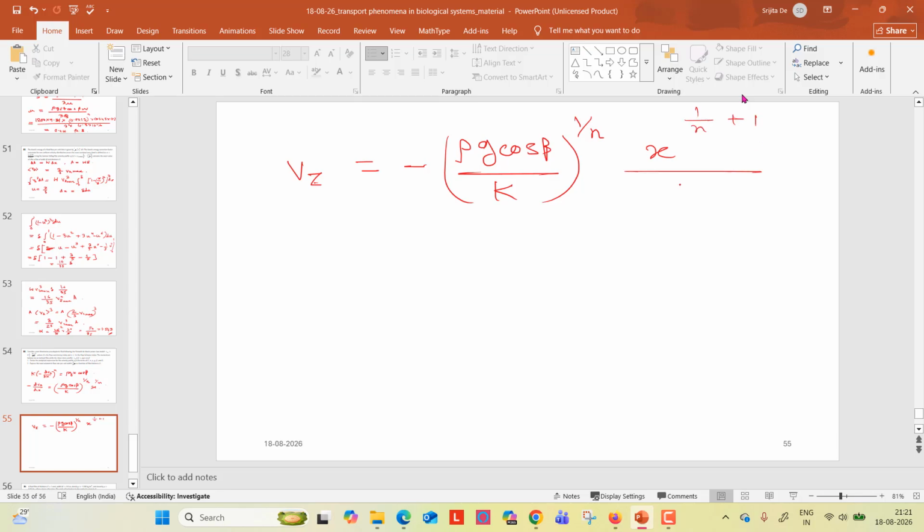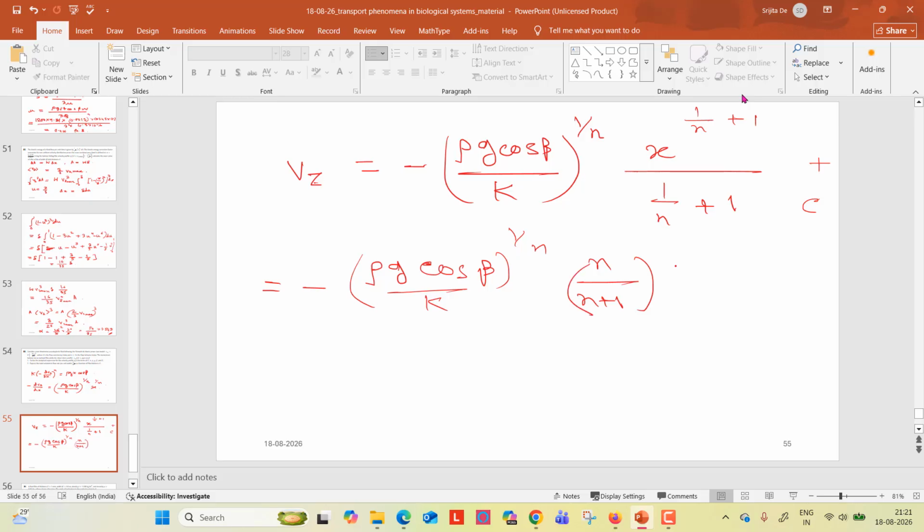So it will be coming as minus rho g cos beta by K to the power 1 by n, into n by n plus 1, into x to the power n plus 1 by n, plus c. Definitely there will be a constant.